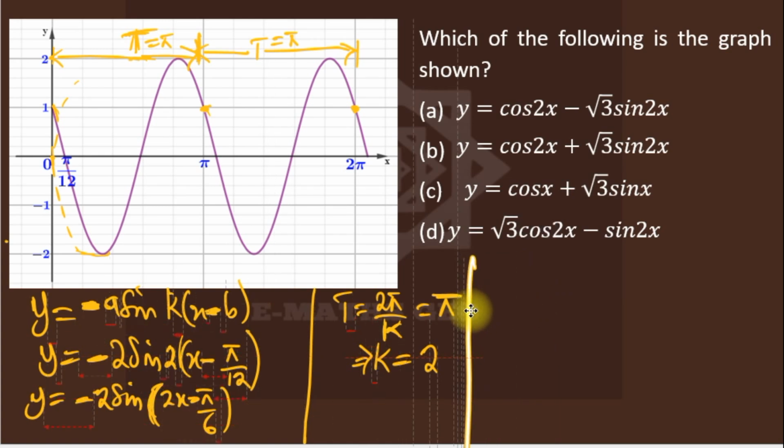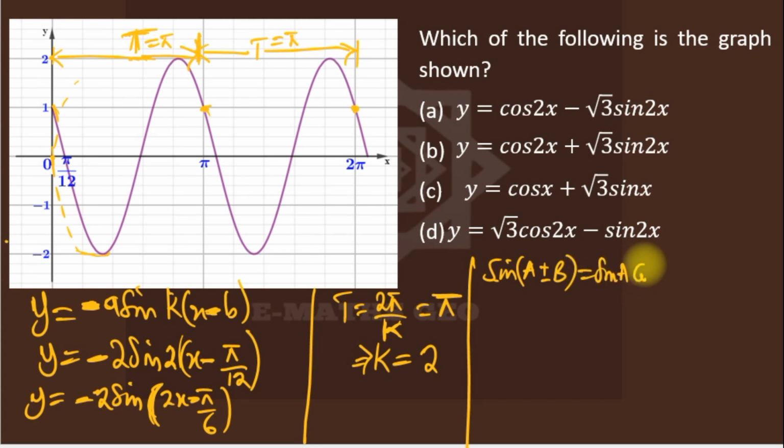There is one formula, the addition formula, that says that sine A plus or minus B is always sine A cos B, and I have minus, so we'll use minus cos A sine B. So that's the formula we're going to use. The addition formula for sine A plus or minus B is that.